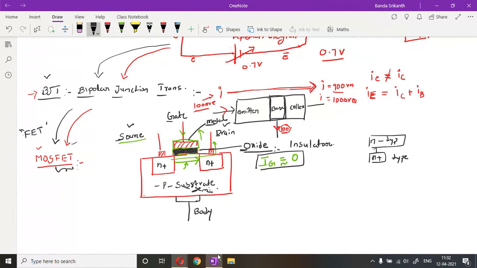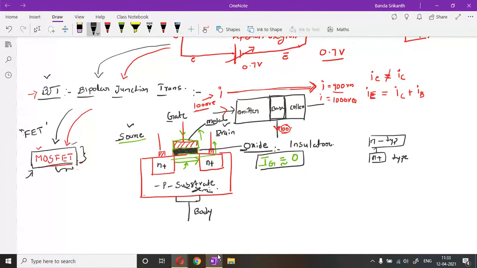So we did not discuss that, but anyhow, this is the main thing in VLSI design. After the invention of the MOSFET, VLSI design is led by the MOSFET only.